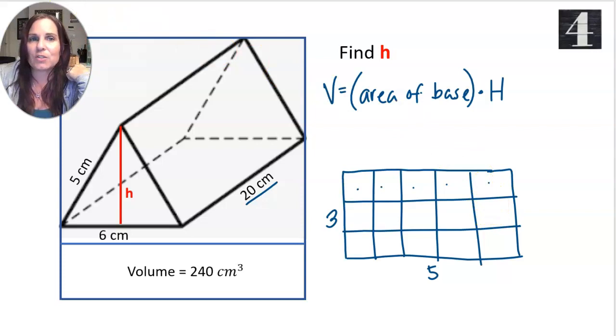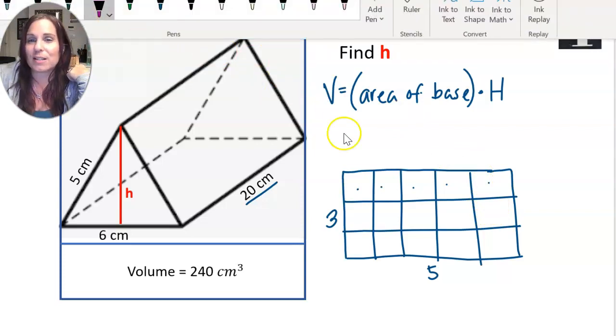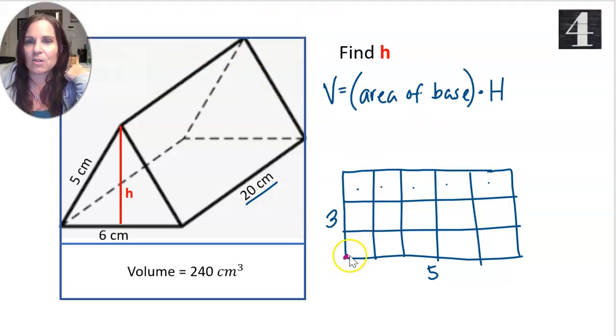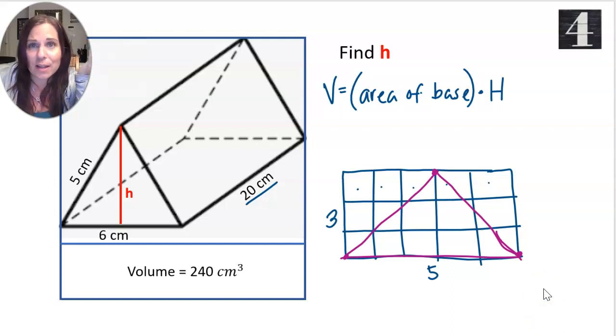Okay, but now let's look at a triangle that would be drawn inside this rectangle. So let's say that this is my triangle. And I want to find the area of this triangle. Obviously, the area of this triangle is less than the area of the rectangle. It doesn't take up the whole rectangle, right? It's a lot less. But what's the relationship here?